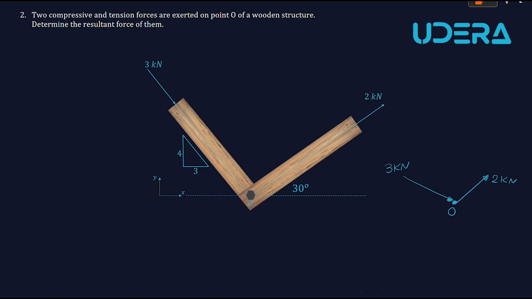So the problem has given us some information, like the magnitude of the vectors, the angle that one of them makes with the x-axis, and the trigonometric proportion of one of them that paves our way to find the angles.